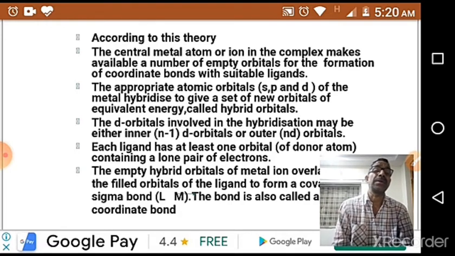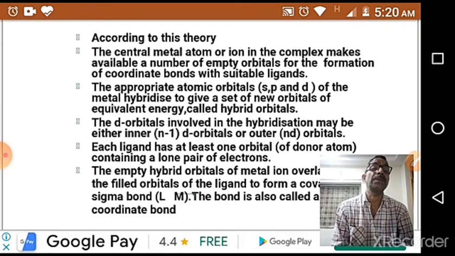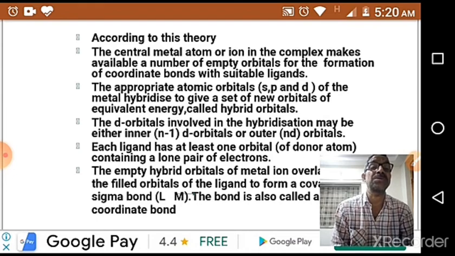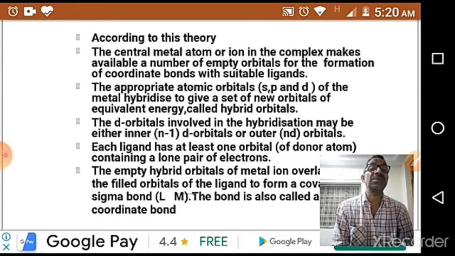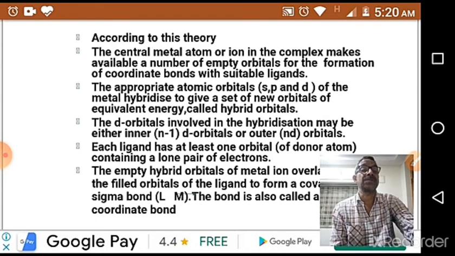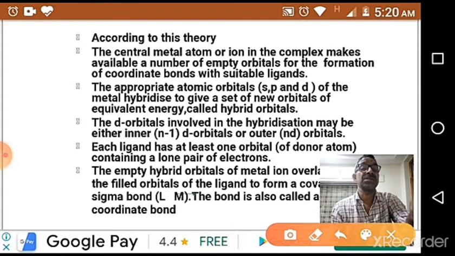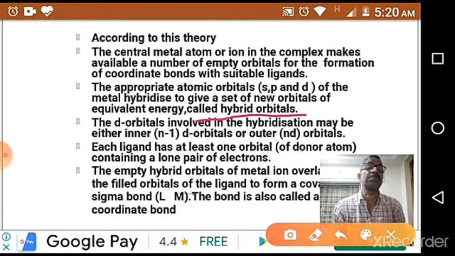Coming to the second point, the appropriate atomic orbitals s, p, d of the metal hybridize to give a set of new orbitals of equivalent energy called hybrid orbitals. You see, the second point is hybrid orbitals. It is important. The first point is that it has to provide the required number of empty orbitals.